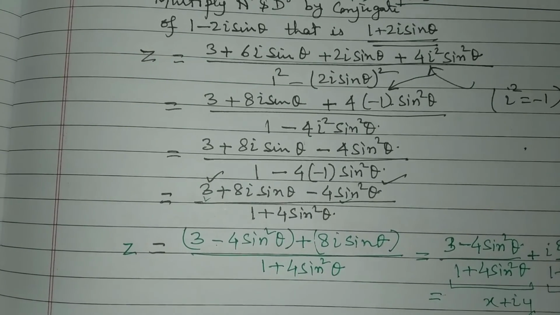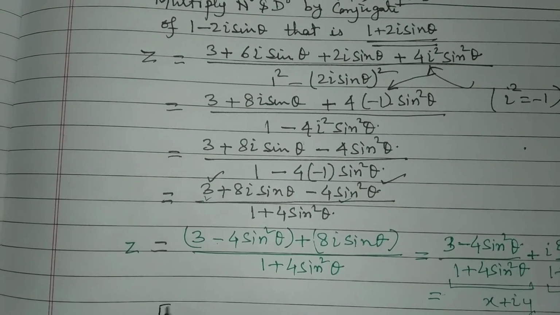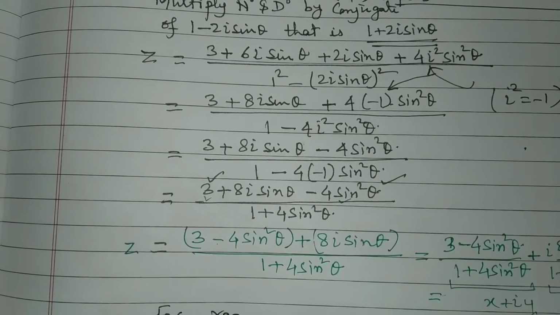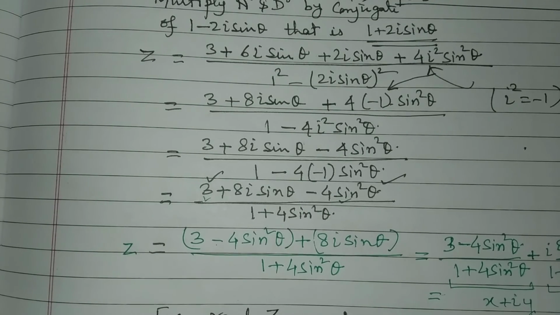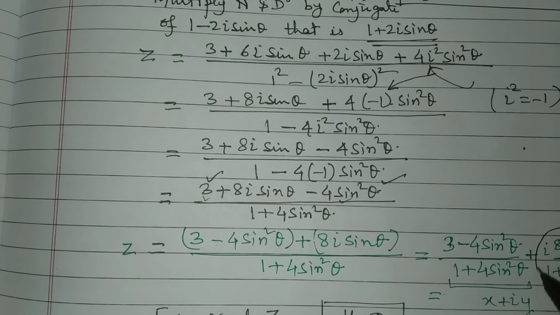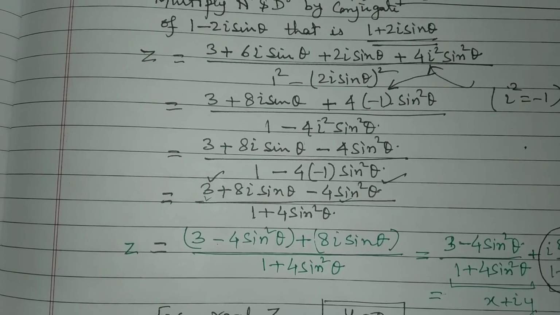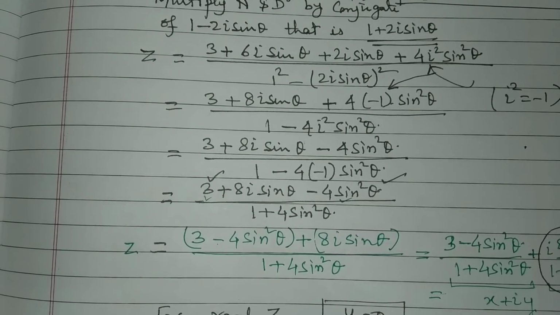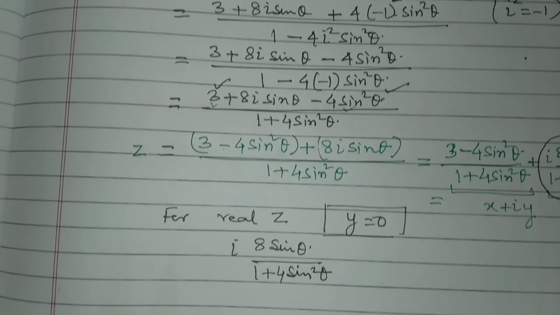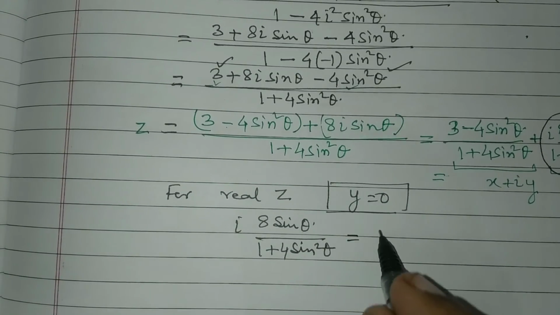So for z to be a real number, y must be 0. The imaginary part is 0, so we will equate it. 8 sin theta divided by 1 plus 4 sin square theta is equal to 0.